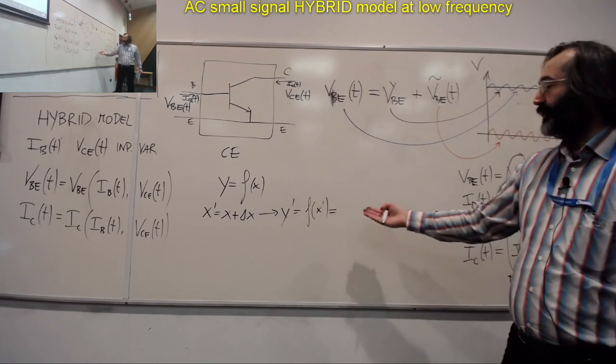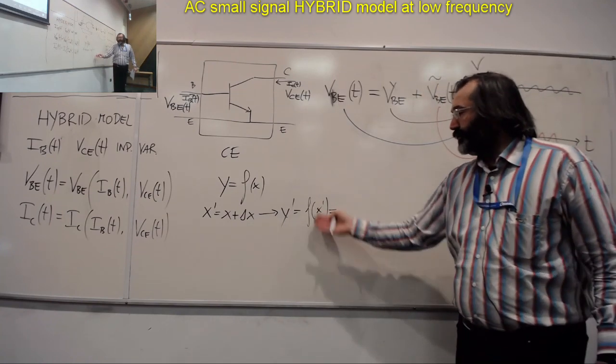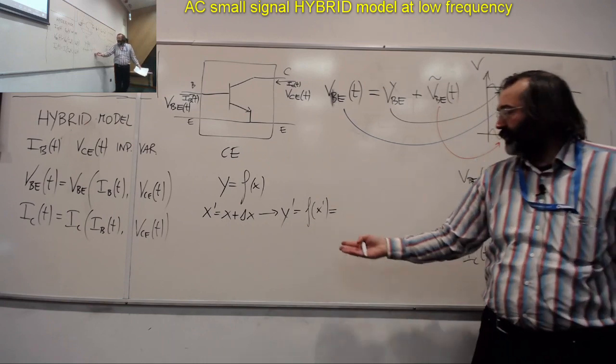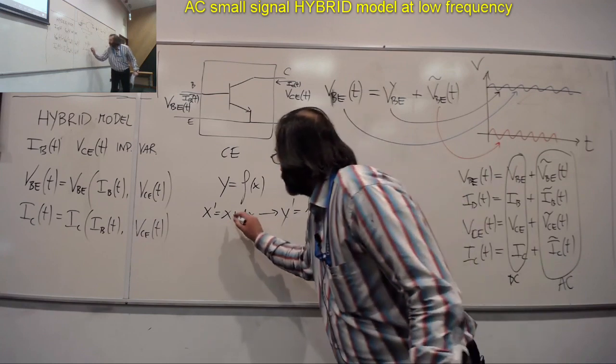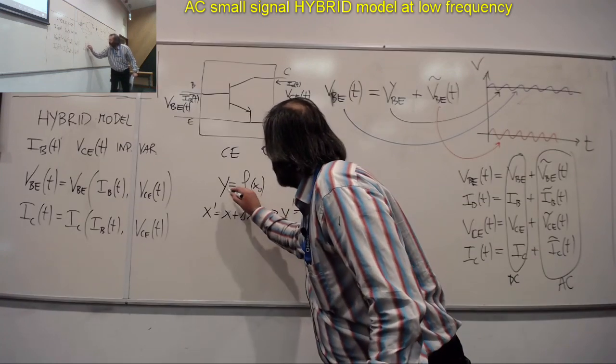If I wanted to avoid using f, which is heavily nonlinear, for example, I could Taylor expand f around, let's call this, x0.